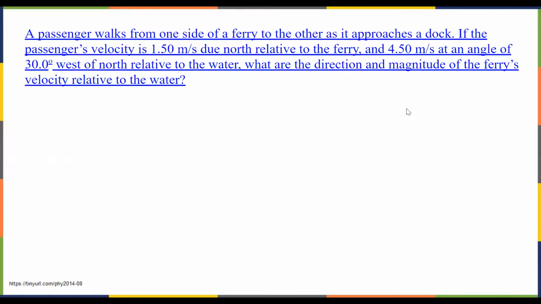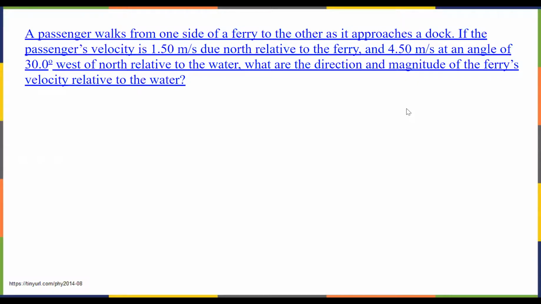So we'll take a look at this example here. It says a passenger walks from one side of a ferry to the other as it approaches a dock. If the passenger's velocity is 1.50 meters per second due north relative to the ferry, so this 1.50 is the magnitude and the direction is north relative to the ferry.